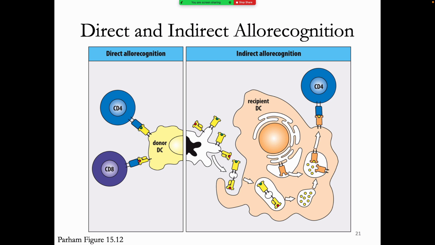What do you have to do for your MHC matching here, if you want to completely avoid this? Yeah, Jamie. You have to sequence? Okay, you might have to sequence. But note that you've got to match all the MHC types. How likely is it that you're going to find a perfect match across all MHC types? It's going to be really hard, right? To get a perfect MHC match across all MHC types, because humans are so outbred.